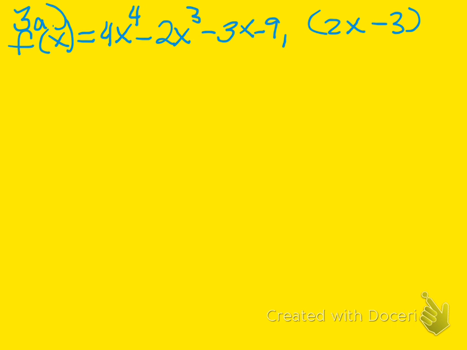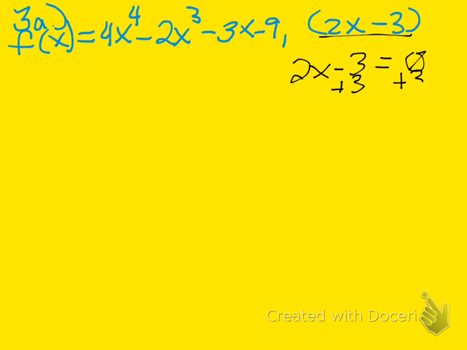Alright, you guys. So there is a way to solve this using the synthetic division method that I showed you earlier today. First things first, you're going to have to get this x by itself, or determine what your 0 is. So what you do is you set your 2x minus 3 equal to 0.